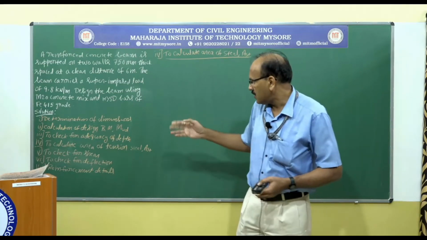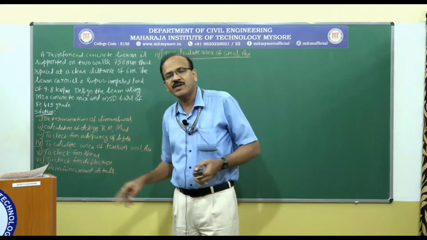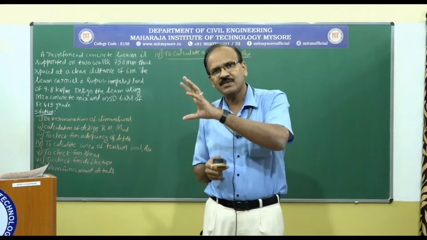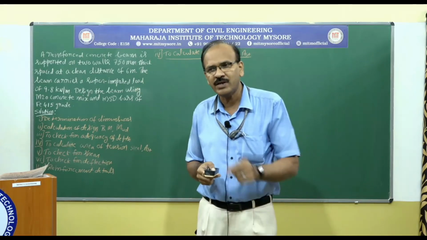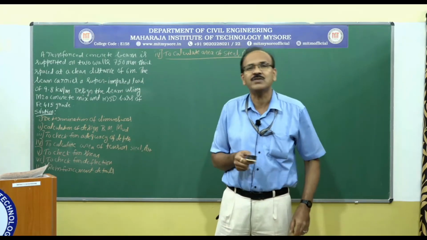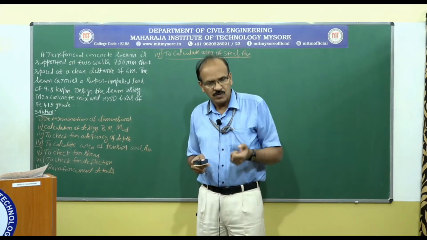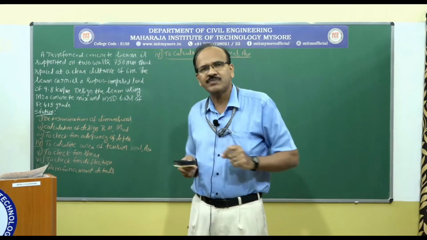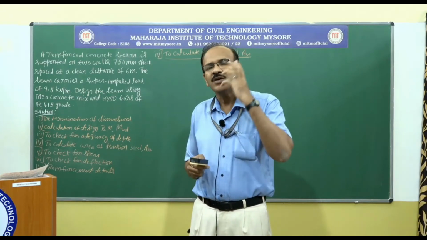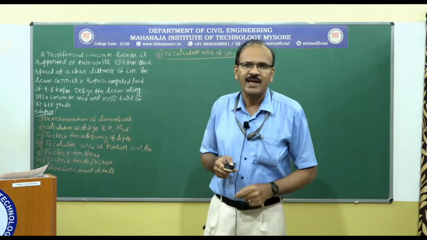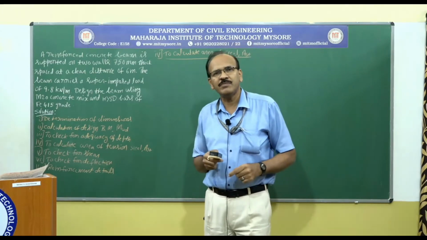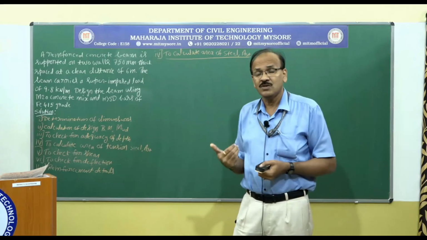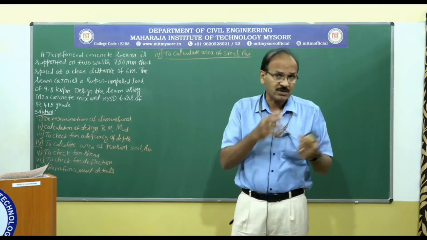And in this step, to check for adequacy of depth, what we did was we made use of the formula of MU limit equal to something as given in 1.1c on page 96 of the code book. So when we calculated the minimum effective depth required to take care of flexure, we got the value of D required equal to 350 millimeter, but D provided was 412 millimeter. So we provided more than what it was required.